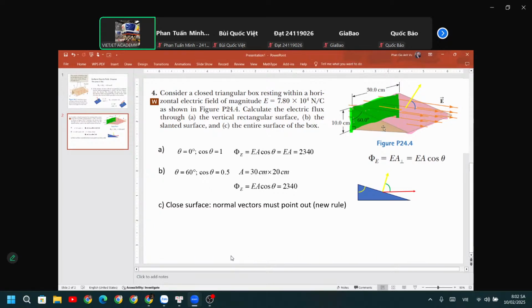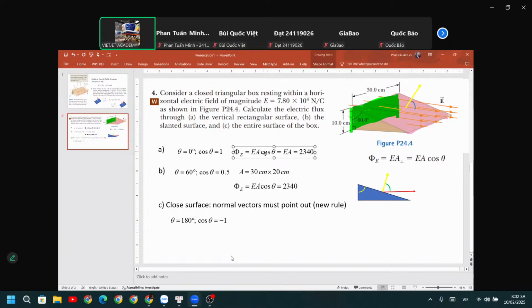Okay. So if you do that, you have to reverse the normal vector of the green surface. So I have to calculate it again, but in the opposite direction. So I have here the angle of pi, sorry. And then here you have -1 instead of 1.